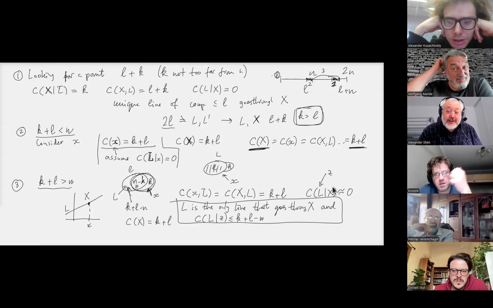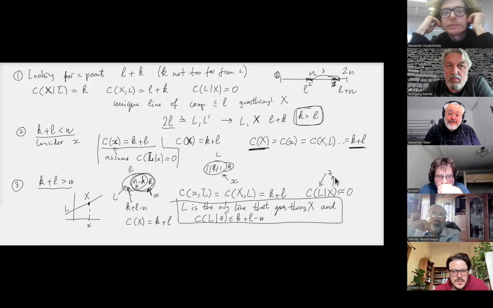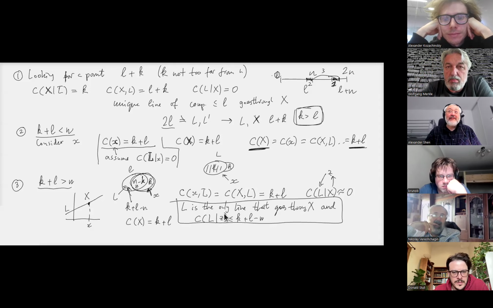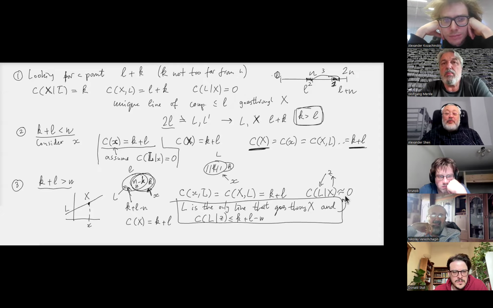From x we can reconstruct z because z is a part of x in this picture. And knowing x and z, we enumerate all lines and look for a line which goes through x and has this complexity given z. So if we know this, then we know the bound for complexity. So it remains to prove this fact in the box.